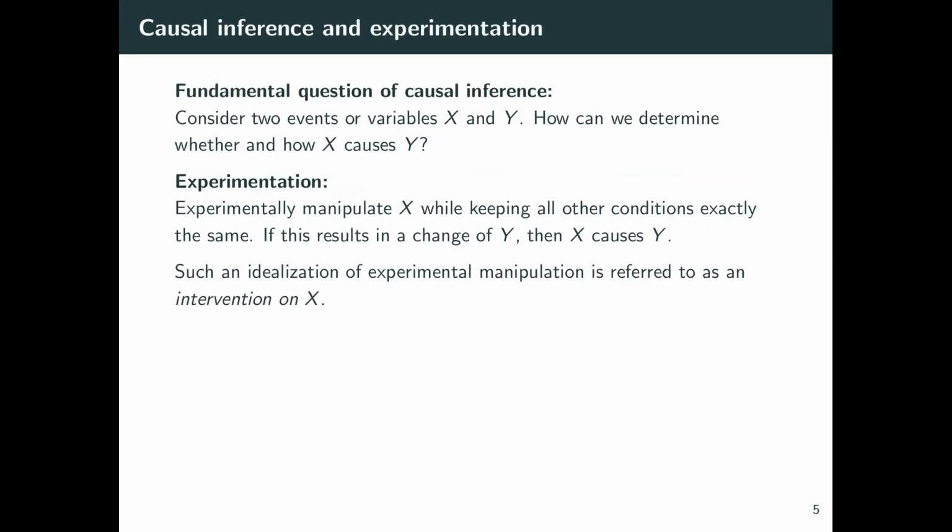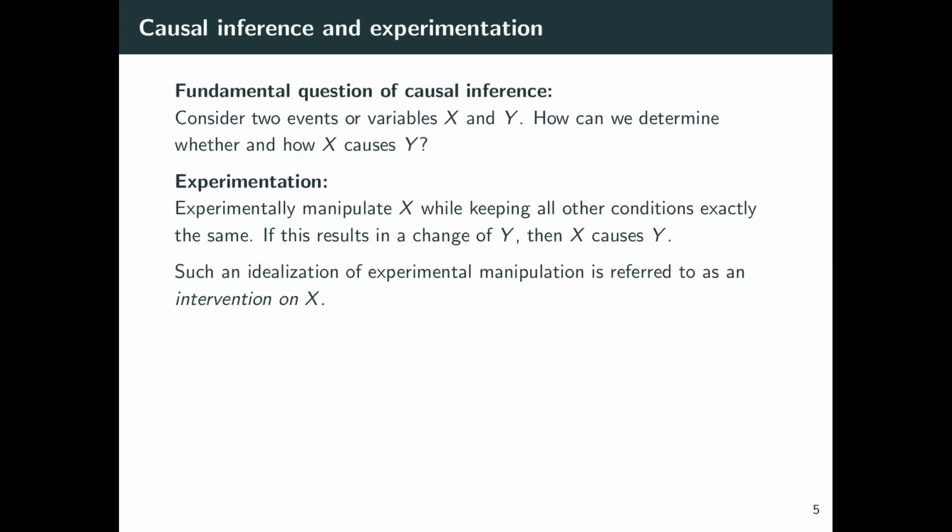So maybe the fundamental question of causal inference, and a question occurring everywhere in science, is, given just two variables, how can we determine whether and how X causes Y? And this question has usually been answered by experimentation. We are in a remote sensing audience here, so that's not quite what this audience is used to.